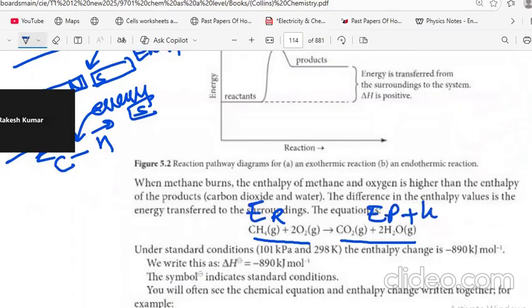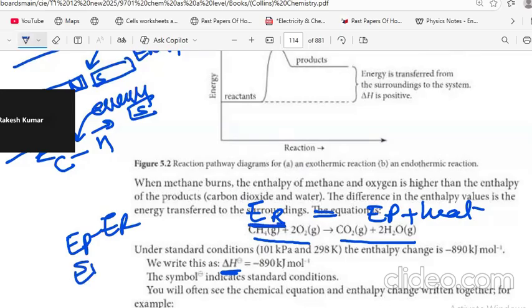Energy can't be created or destroyed. It can only be transformed. So ER is equal to this plus this. That means the energy change of the reaction is always energy of products minus energy of reactants. If I write EP plus heat in place of ER, you get minus heat.